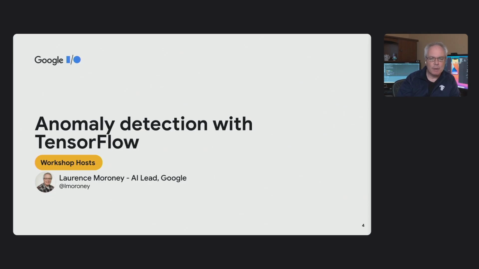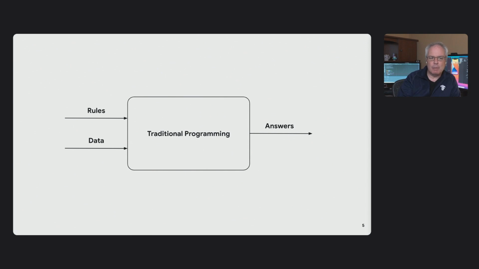So first of all, I want to talk a little bit about how anomaly detection will work from a machine learning perspective. But in order to be able to do that, let's understand really what machine learning is all about. Now, you might be familiar with the term machine learning for doing things like classification or for doing regression to be able to predict values, or even some novel uses of machine learning in creating stuff.